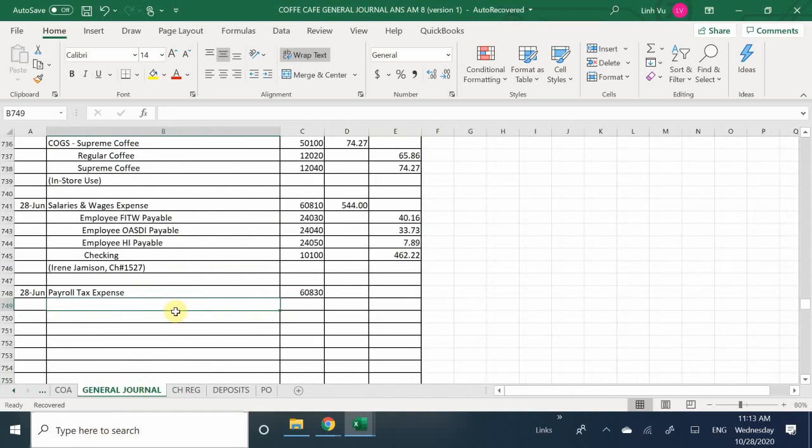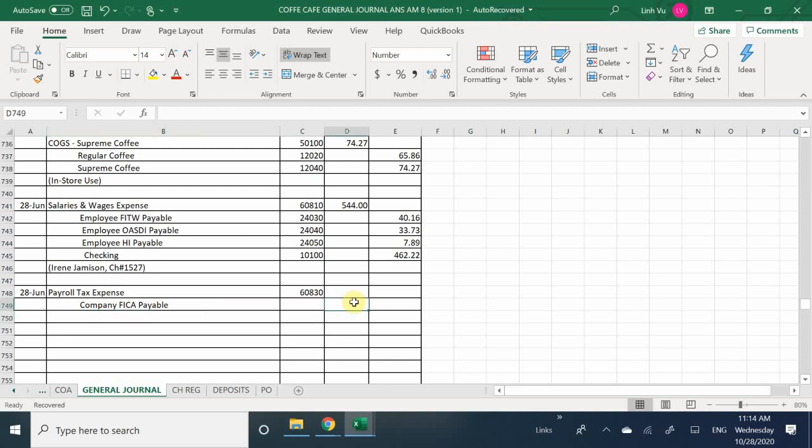So here, let's go ahead and complete it. So company FICA payable. What does FICA include? Withholding and HI. Yes, it includes Social Security and Medicare.